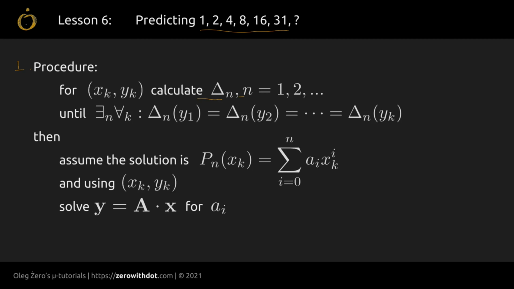We keep doing that until we find n, such that for all k, so for all elements of the sequence, we have a delta n whose elements are all equal to one another. Once we have found that particular delta n, we agree that n will be the degree of the polynomial. Then we move on to the second step, and we need to solve for its coefficients. We know that the most general expression for a polynomial is like this.